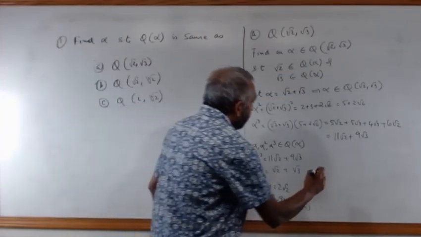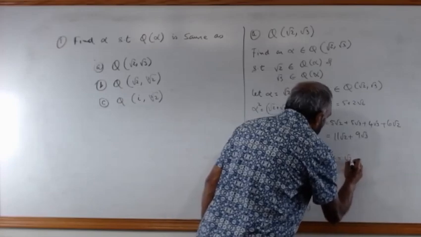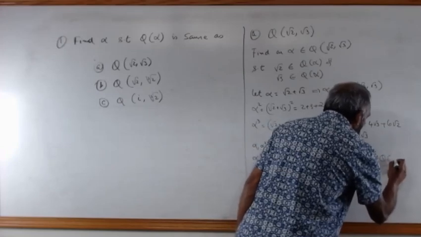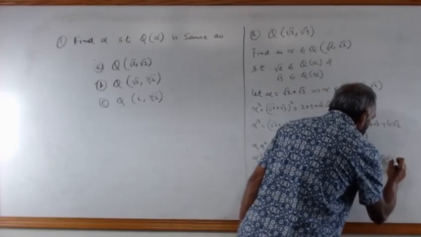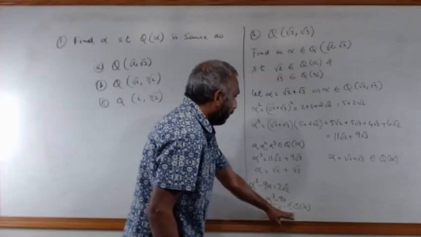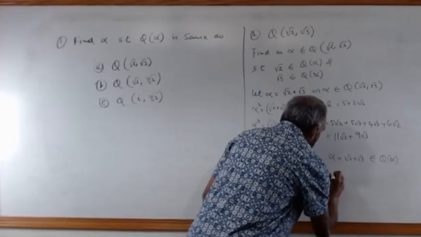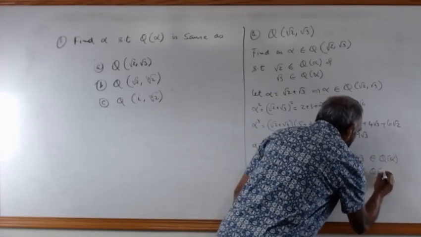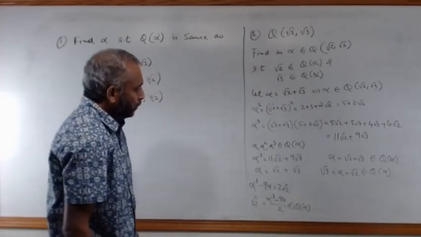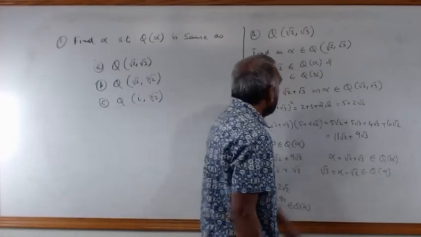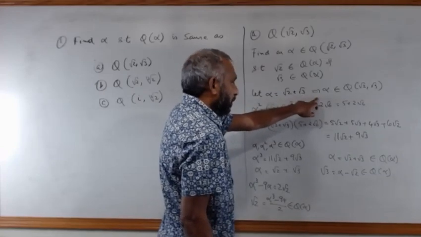And what is α? α is equal to √2 plus √3, and that belongs to Q(α). √2 is already in Q(α), so √3 is equal to α minus √2, which belongs to Q(α). So you have √2 belongs to Q(α) and √3 also belongs to Q(α). So α is our primitive element.